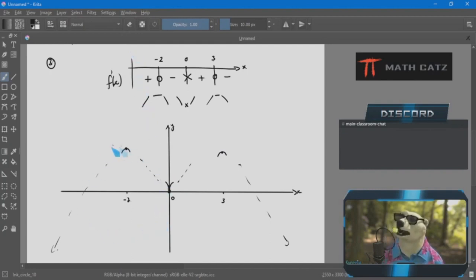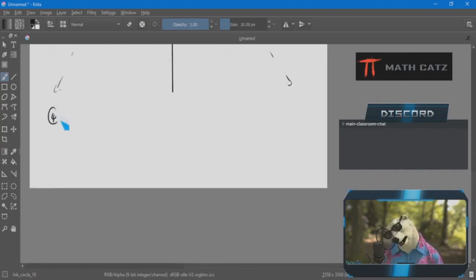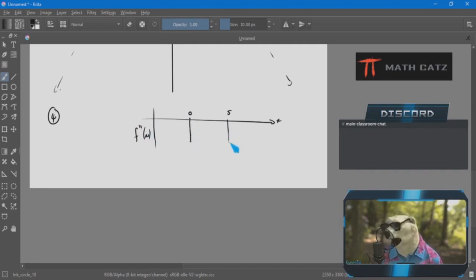Now I just want to confirm how the graph bends, and that's step 4. So let's do that. Well, they tell me, and I'm just copying it from the question, that the number line is split up at 0 and at 5, and the second derivative has signs negative, negative, positive.